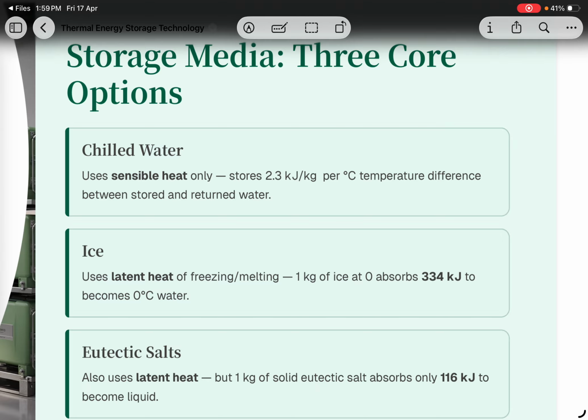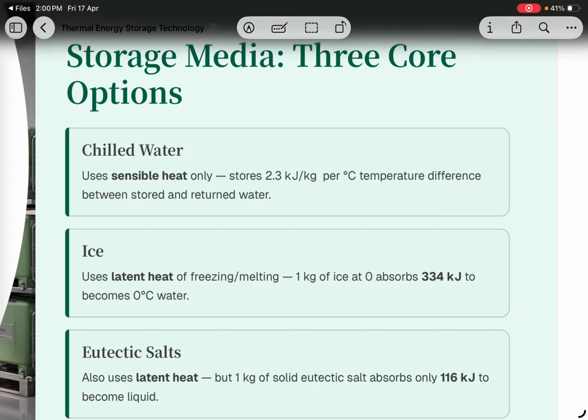So if you take 1 kg or 1 liter of chilled water, then it can store 4.2 kilojoules per degree centigrade. It means that if you have 1 kg or 1 liter of water, and if you have a delta T of 10 degree centigrade, allowable delta T of 10 degree centigrade, that is going to store about 42 kilojoules of cooling effect per kg, and then depending upon that you can build up the tank of whatever capacity.